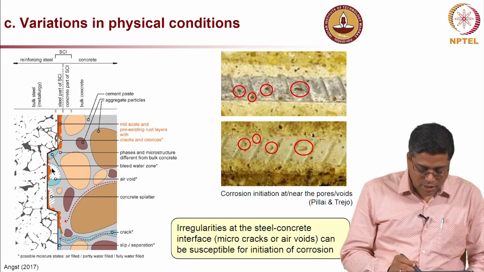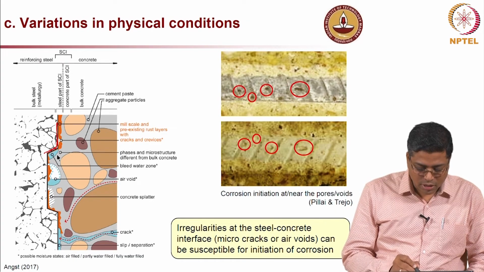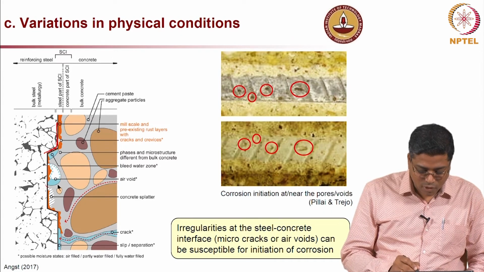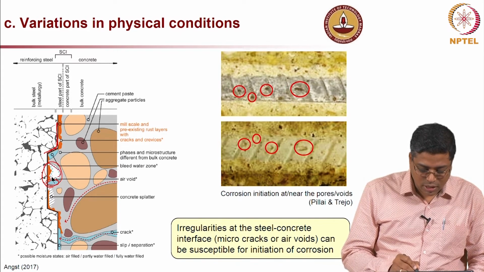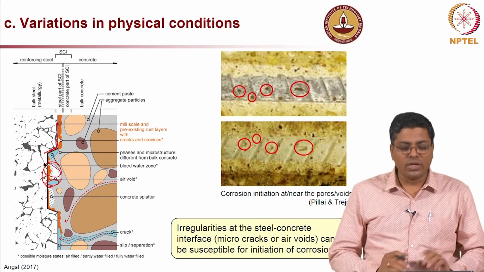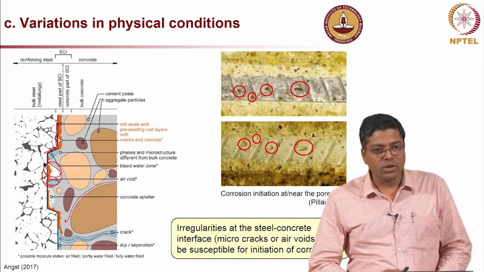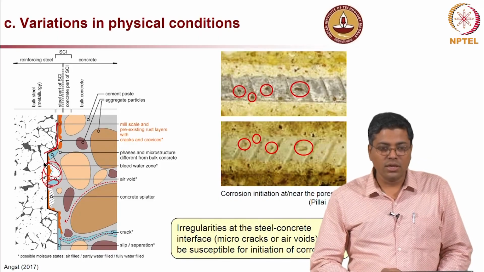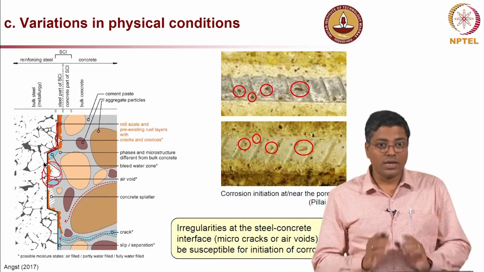Here you can see there is a rib here, a rib here, and then you can have moisture trapped there, you can have an air void. In this air void you can see that where the moisture is there is no corrosion, but where the air is there is more. So, a lot of these physical conditions can lead to a lot of variations in the steel-concrete interface.